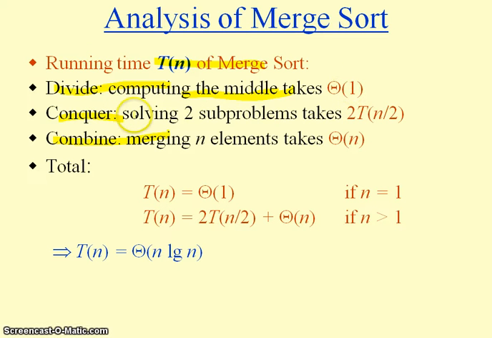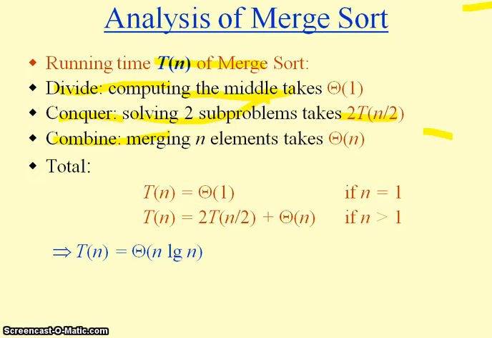In the conquer stage, solving the subproblems recursively, each takes T of n by 2, so it comes up to 2 times T of n by 2, the time taken for solving the first half and the second half. In the combine stage, the sorted lists of these two halves are merged, and the number of comparisons we make here is over n elements, that is theta of n.